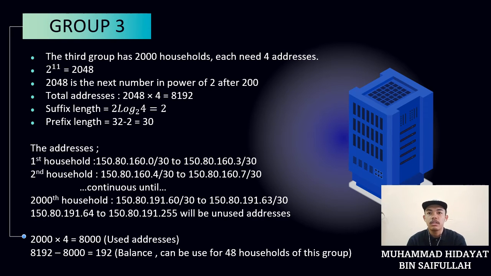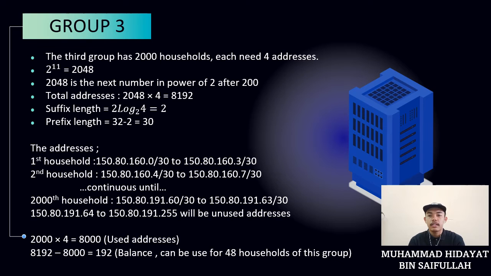It will continue until the 2,000th household. For the 2,000th household, we get 150.80.191.60/30 to 150.80.191.63/30. Then 150.80.191.64 to 150.80.191.255 will be unused addresses.